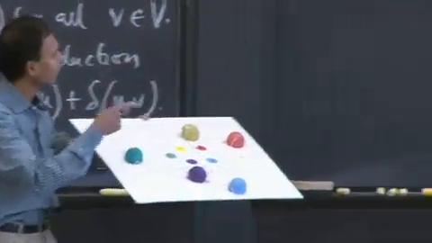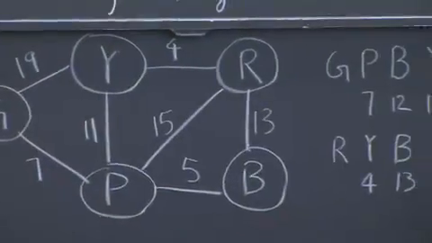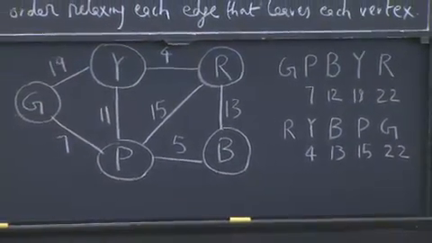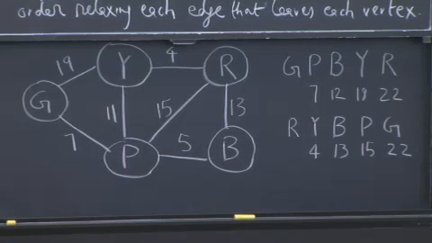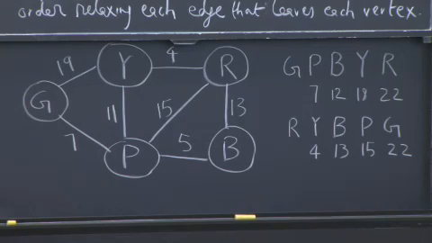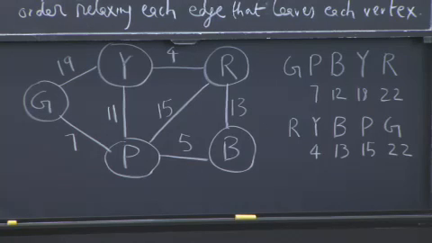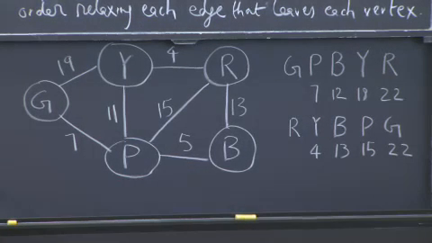First, make sure you buy those values that I have there. If the green ball is the starting vertex, then the shortest path to the purple vertex, P, is 7. That's the closest node to G. And then the next closest node is the blue one, which is B, which is 12, 7 plus 5, and so on and so forth.